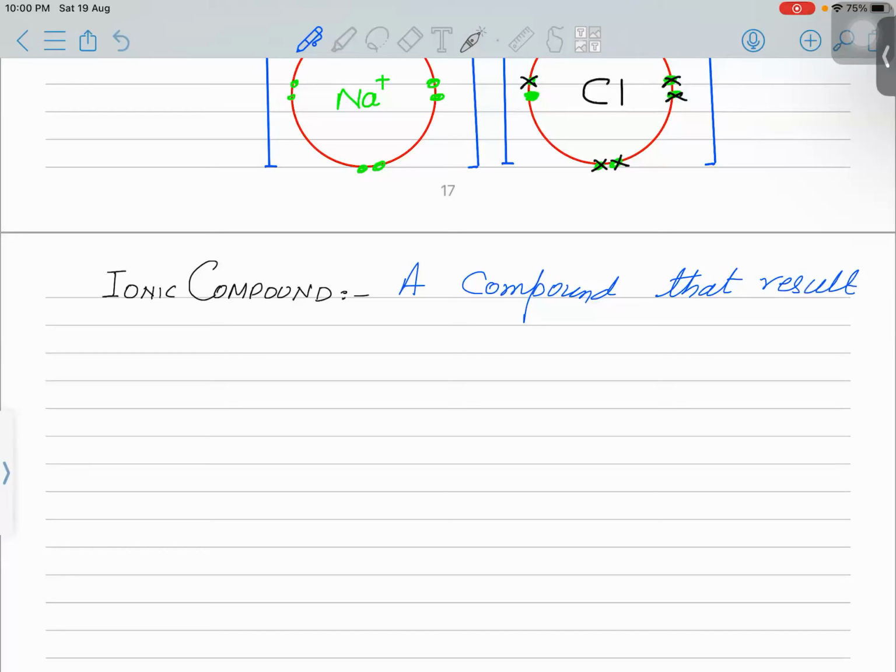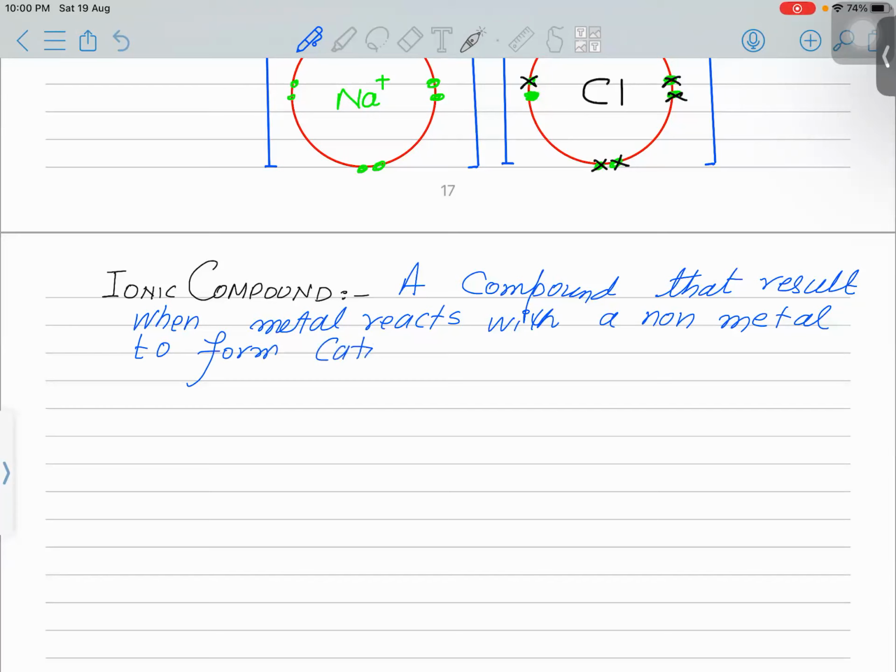So we can say that a compound that results when a metal reacts with a non-metal to form cations and anions.